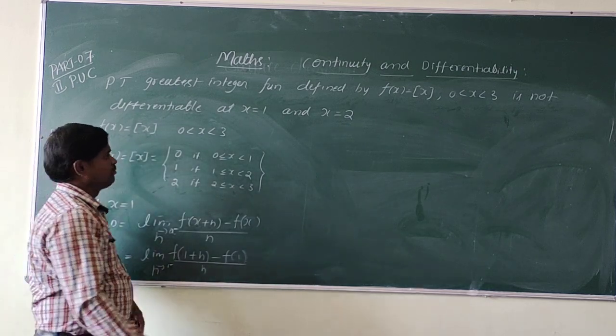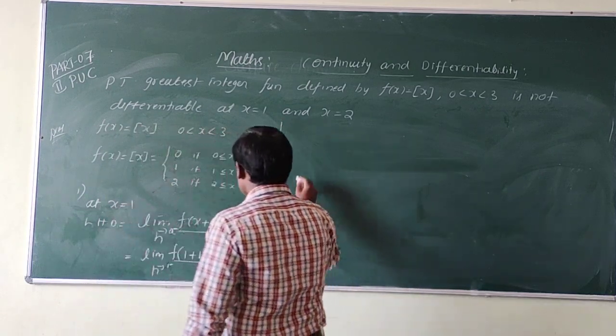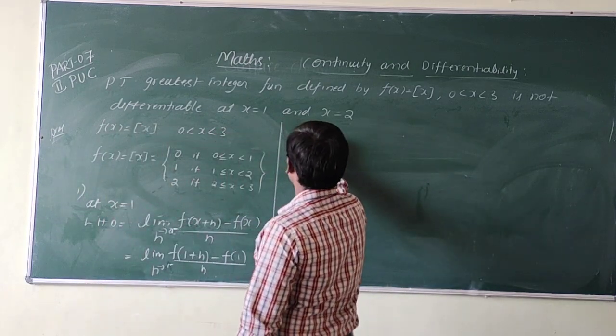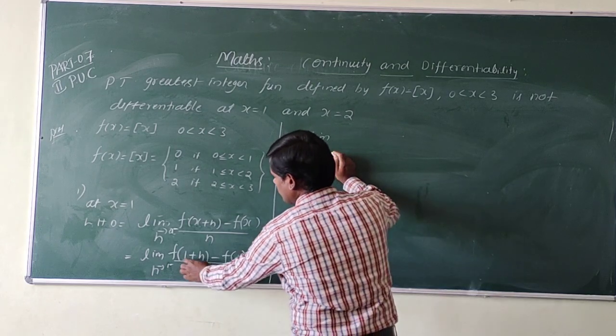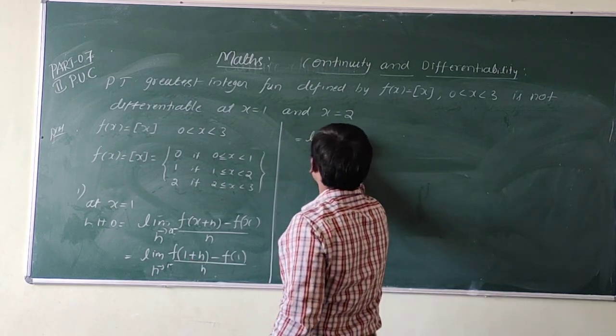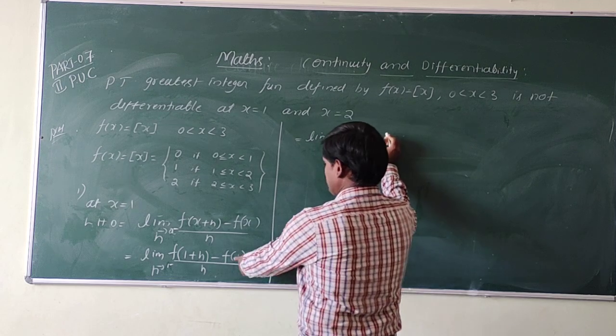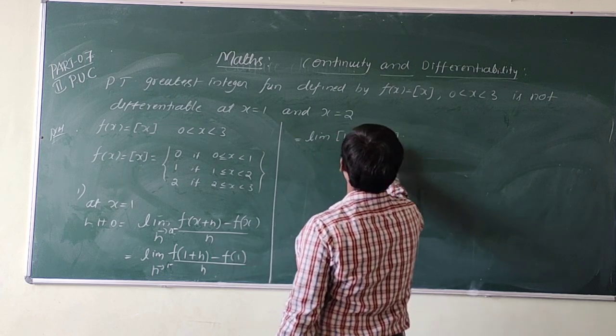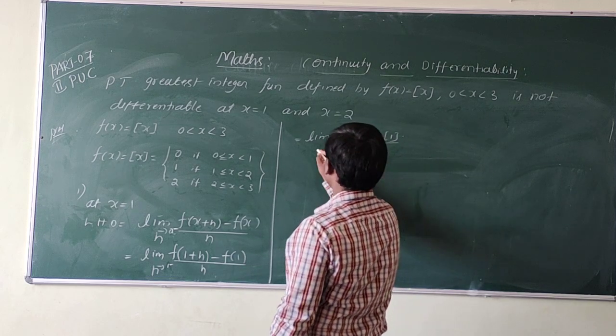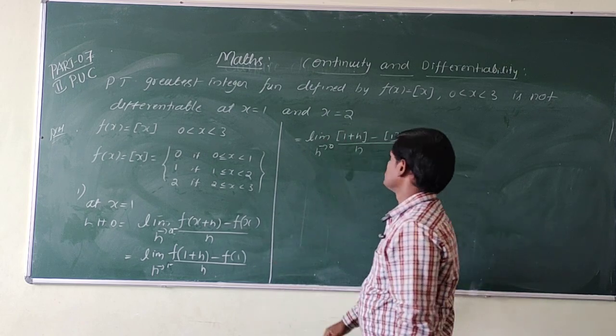So this is equal to the limit of ([1 + h] - [1])/h as h tends to 0.